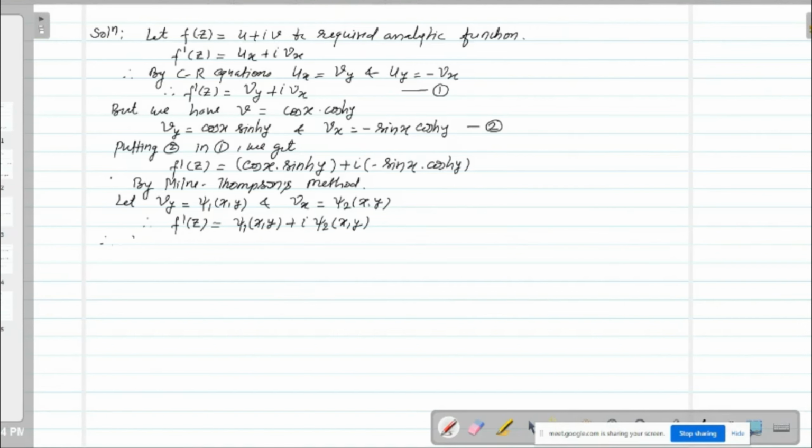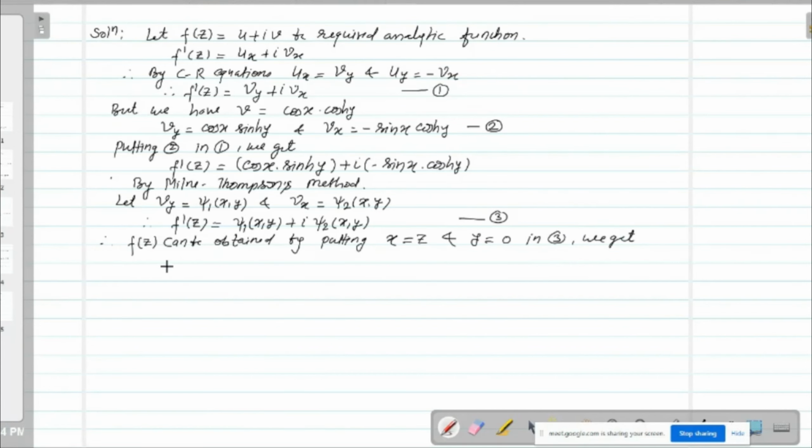We know that your analytic function f of z can be obtained by putting x equal to z and y equal to 0 in equation number 3.